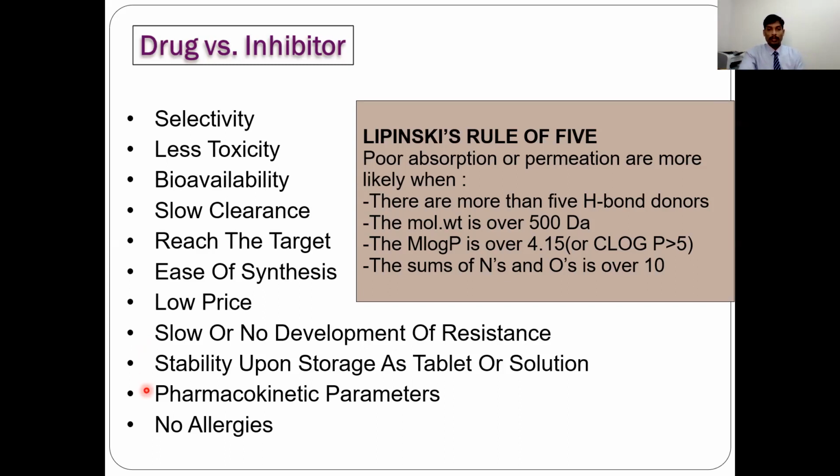Stability upon storage as a tablet or solution. That is important. It should be easily transportable to every area of the world. That is one of the limitations with the mRNA-based vaccines we are facing now.